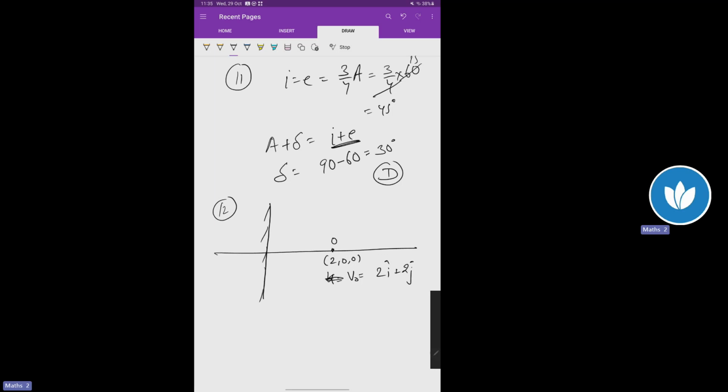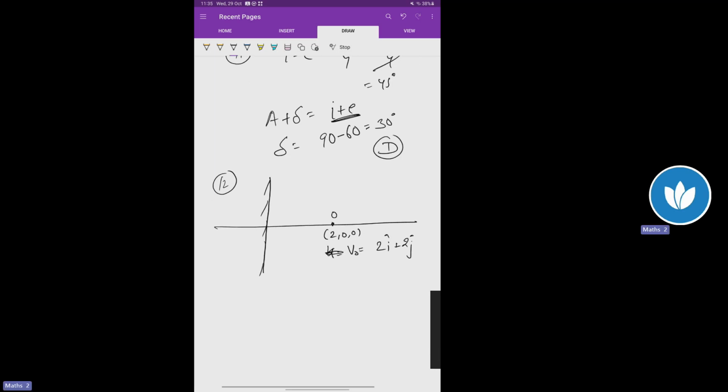The relative velocity of image with respect to object. So this actual velocity is in this direction. This is 2i and this is 2j. So the image velocity's parallel component will remain the same and the normal component will be in the opposite direction, minus 2i.